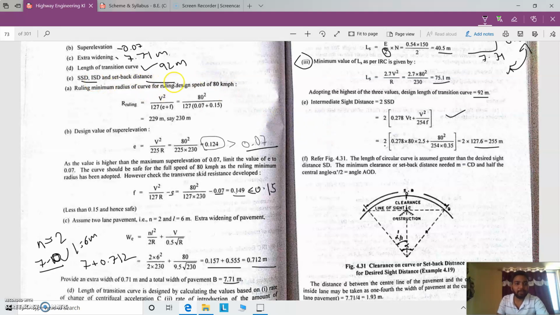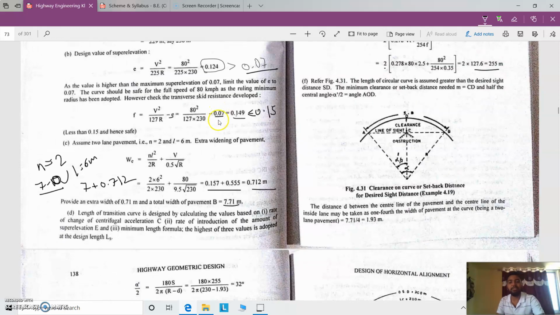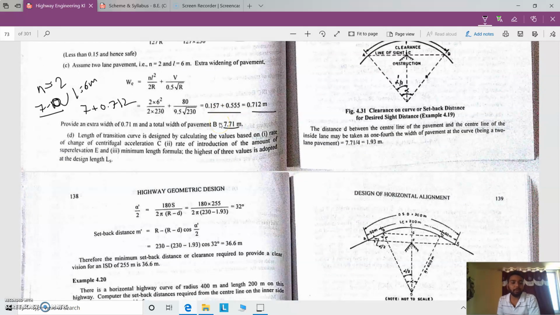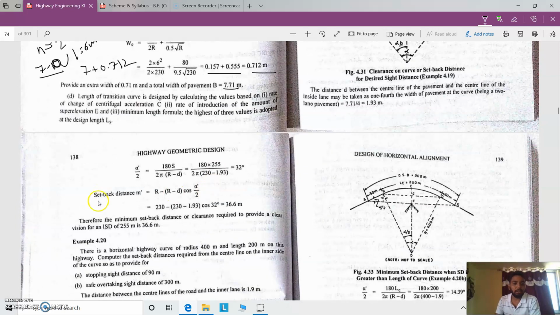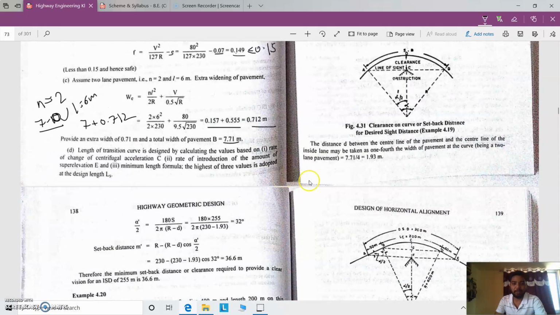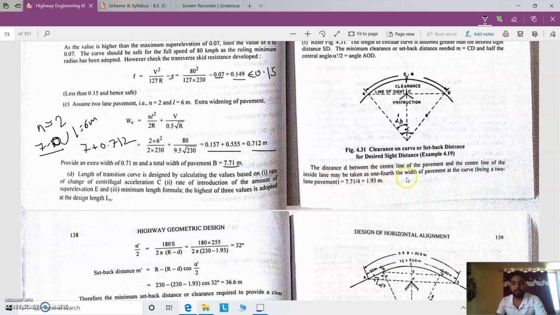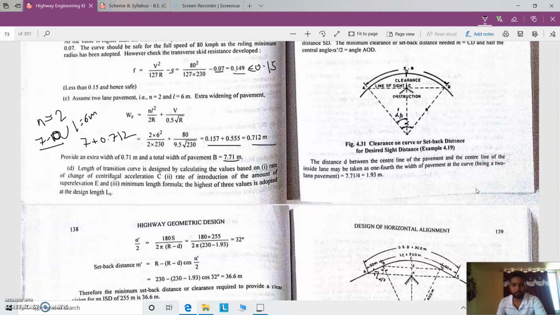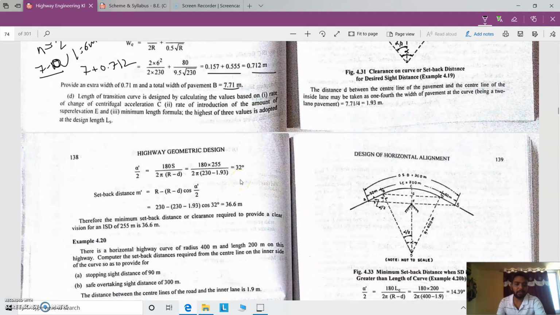And we are remaining with setback distance, and setback distance is considered for a single lane road, that is alpha by 2 we need to calculate before, because we need to substitute that alpha by 2 here, 180 S. Here the distance d between the center line of the pavement and the center line of the inside lane may be taken as 1/4 of the width of the pavement, as we have discussed in the previous lecture.